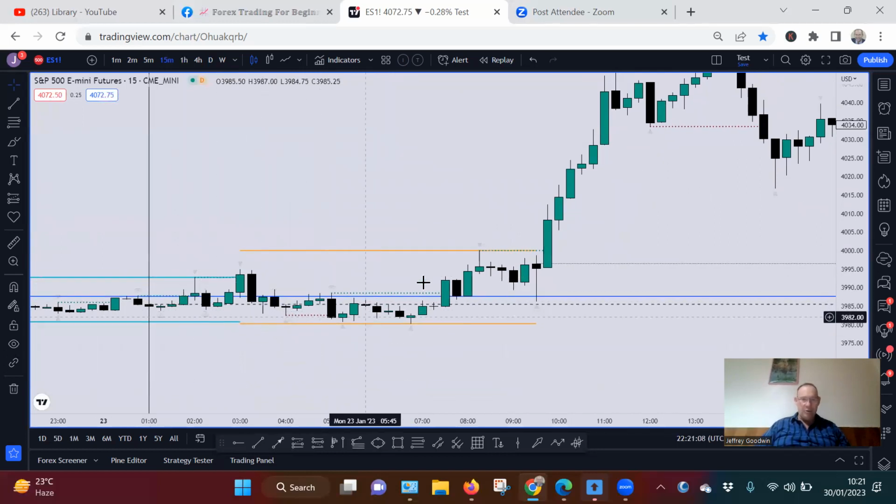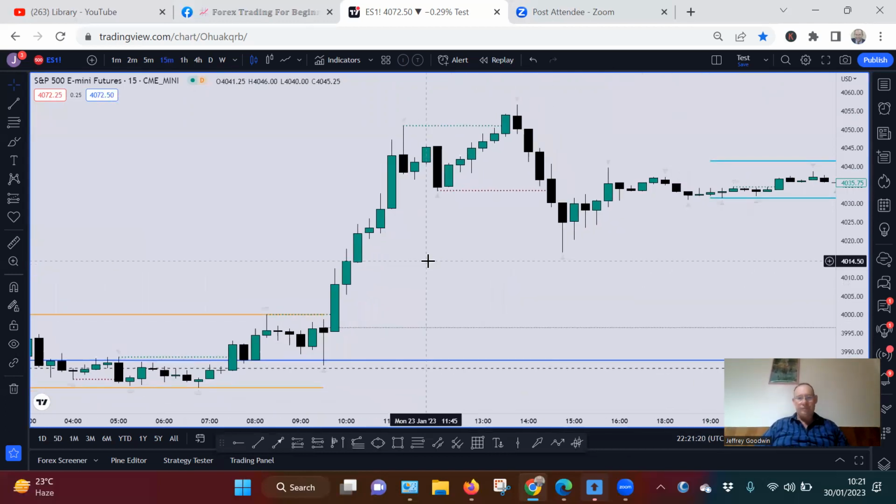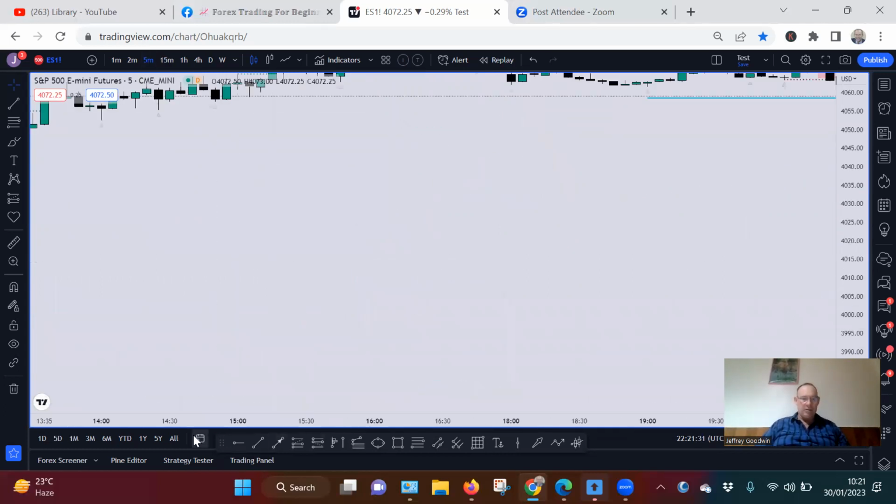At that point, we broke through that there, back into this area here, this FVG in here, ladies and gentlemen. Then it went to the moon. See this on a daily basis. Really clear, really simple, very effective.